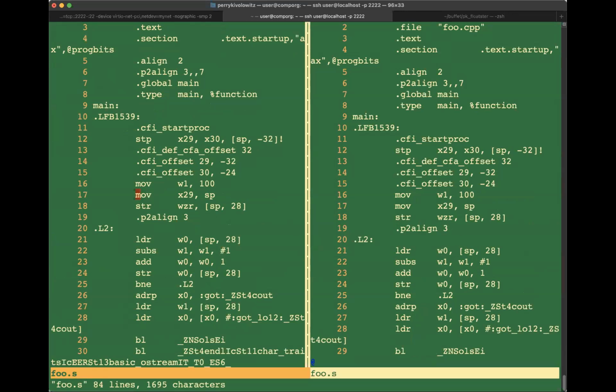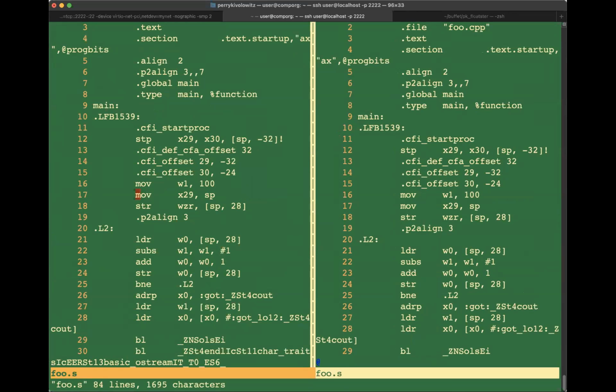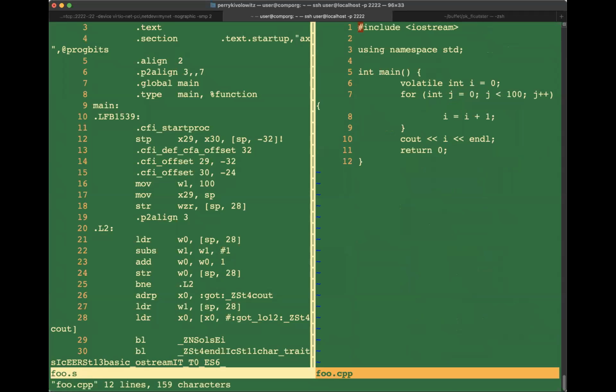Okay, what do we have now? Control W. There. Not the same. Let me put back the foo.cpp. All I did was add the word volatile. And now in the assembly language, it got a lot longer and there's an actual loop in there. Line 23 is adding 1.